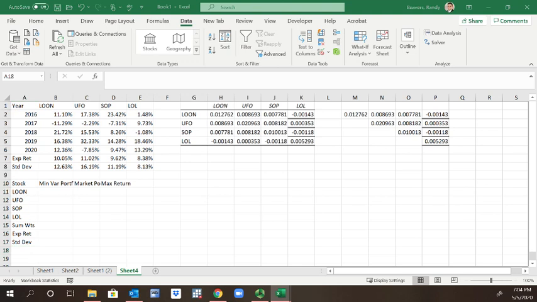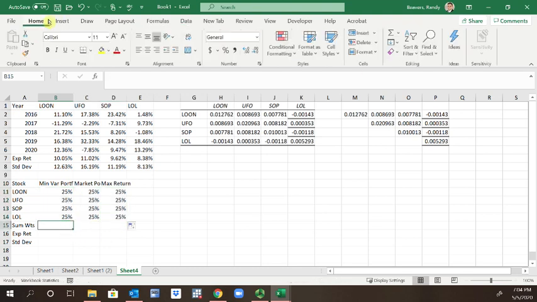So the weights that we're going to have will be listed in these cells. For now, I'm just going to put 25% in all of them, and then this is going to auto sum across.